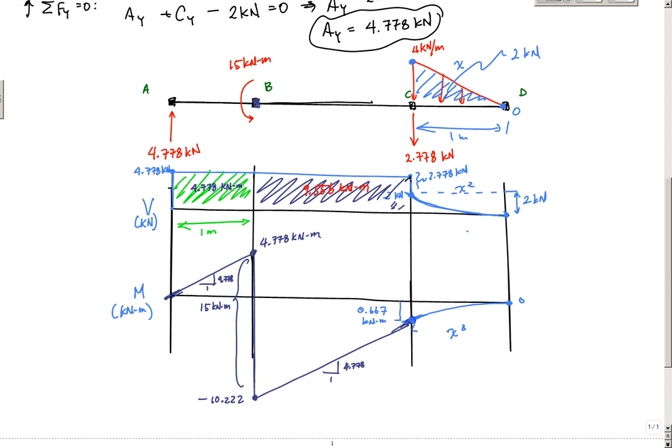The area of a parabola is 1/3 base times height, which in this case is 1/3 times 1 meter times the height of 2 kilonewtons, and that gives me 0.667 kilonewton meters. So I go back down to 0, and that is my moment diagram.